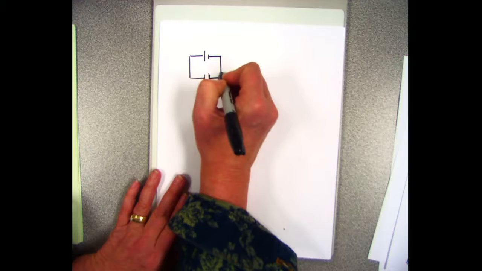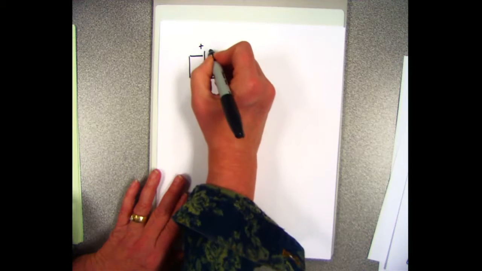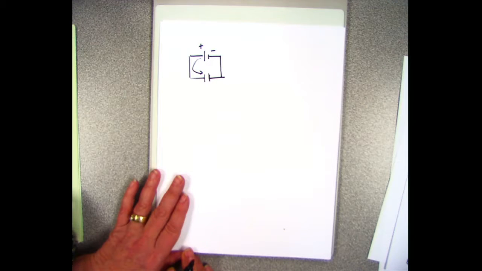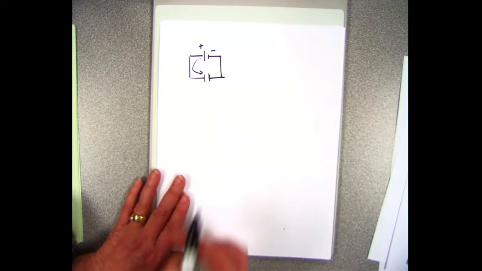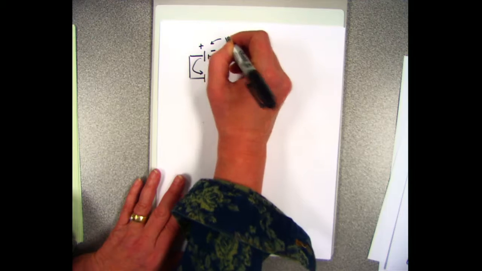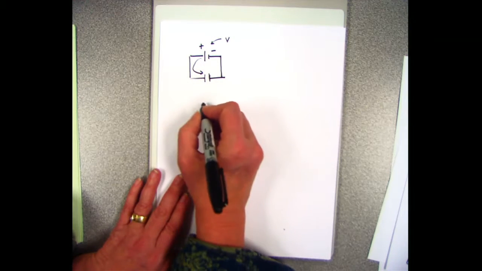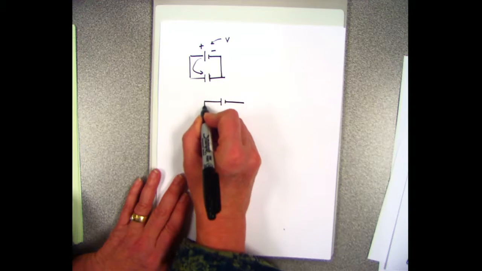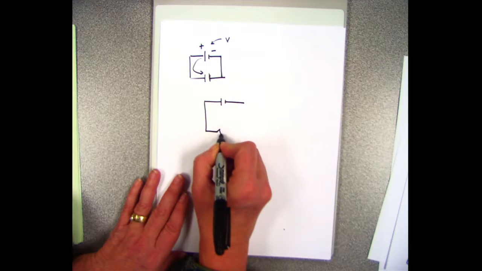This is the positive, this is the negative, and the current flows from positive to negative even though we know it's electrons that are causing it to go that way. This gives us our voltage. This time I'm going to draw a circuit and put my resistor in the circuit.